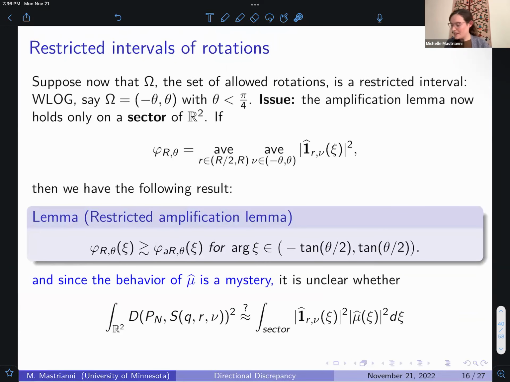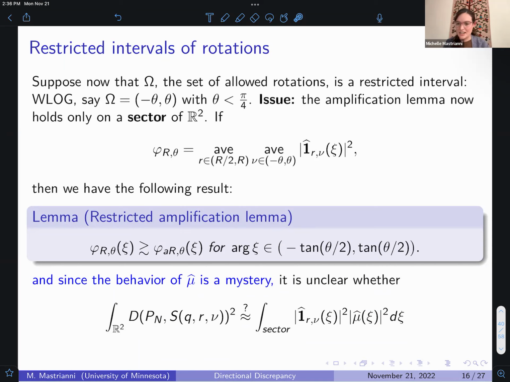And the problem here then is if we try to restrict our averaging of our L2 discrepancy, if we restrict that to averaging over, or integrating over, a sector, then it's unclear what's happening with this point component. Because in the previous proof for all rotations, the point component was just sort of hanging out.